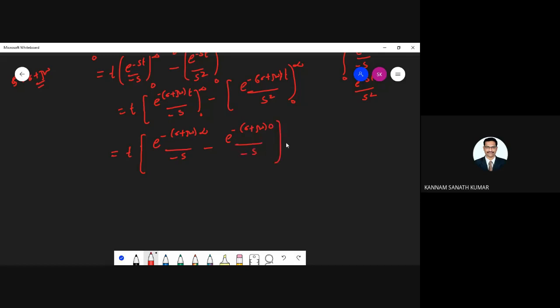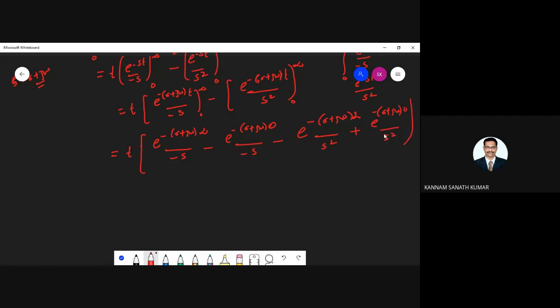Again you can combine this, so this is 0 minus e power minus sigma plus j omega into infinity by s square, minus into minus is plus, so plus e power minus sigma plus j omega into 0 by s square.